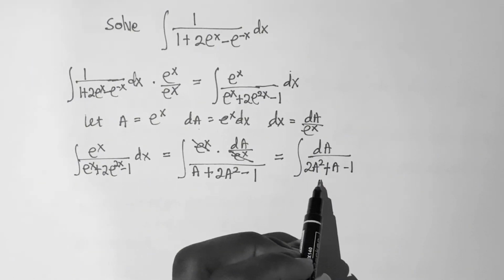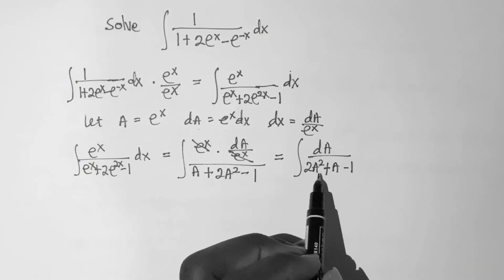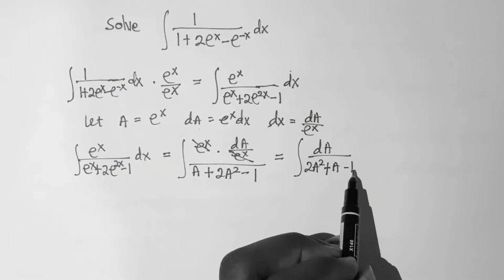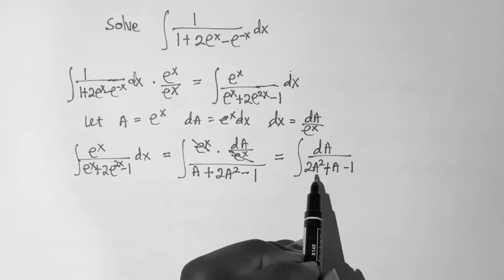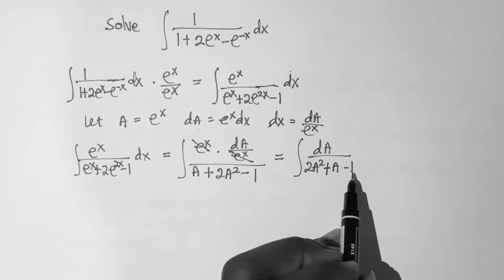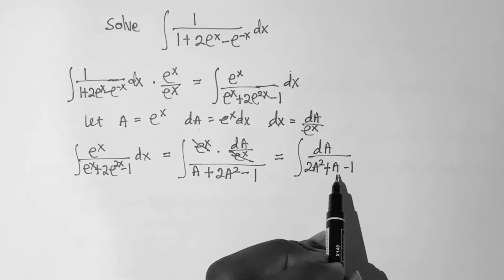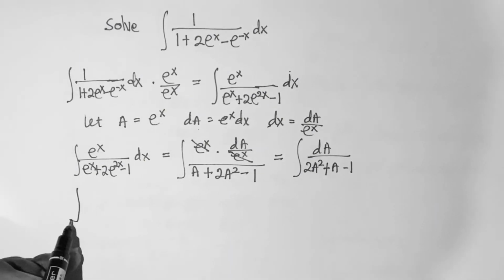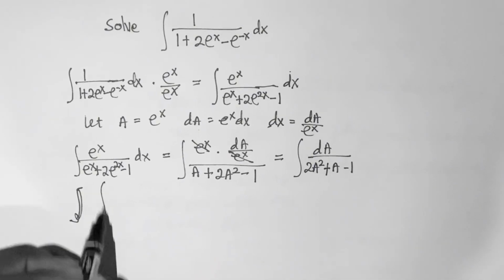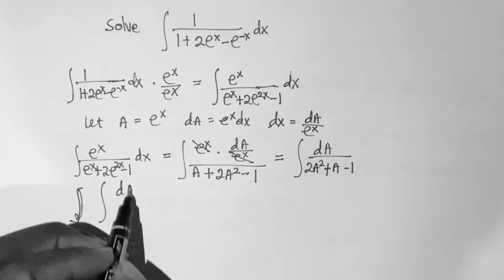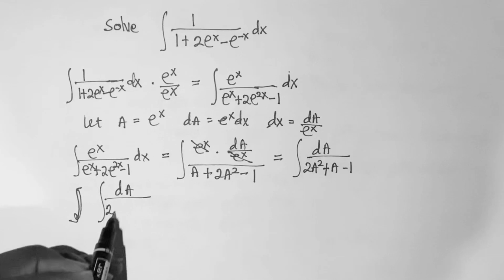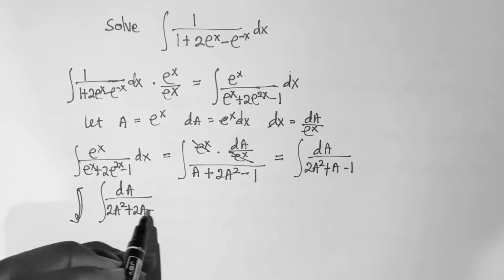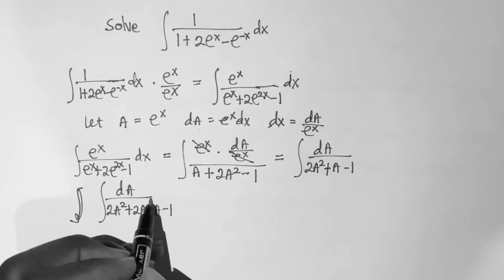Now you can see that this integral looks like it's in a form that we are very familiar with, which is partial fractions. So 2 times minus 1 is minus 2. So we are going to look for two numbers that if you multiply, you get minus 2, but if you add, you get 1. So those numbers are 2 and minus 1. So the integral becomes dA divided by 2A squared plus 2A minus A minus 1.